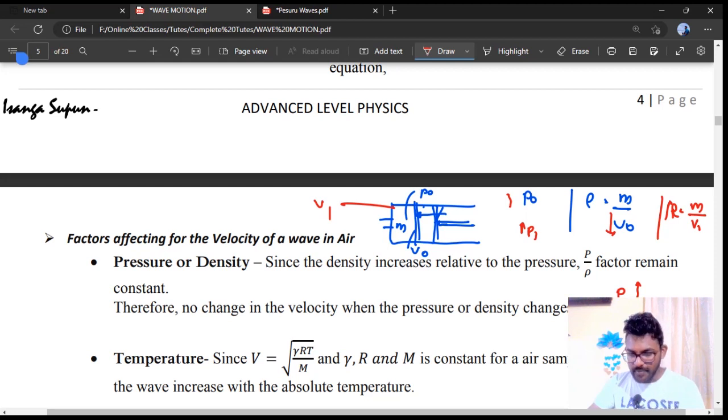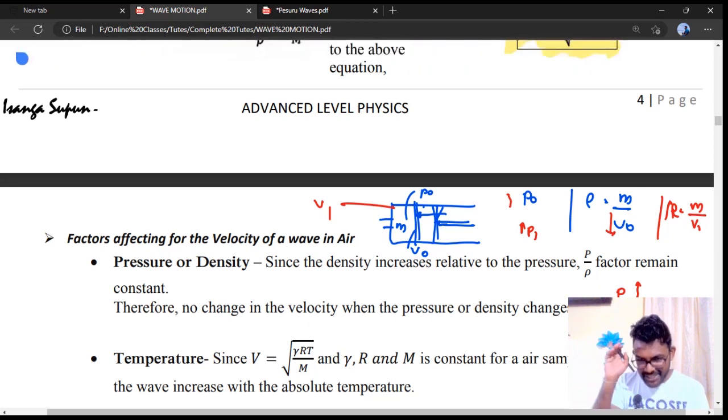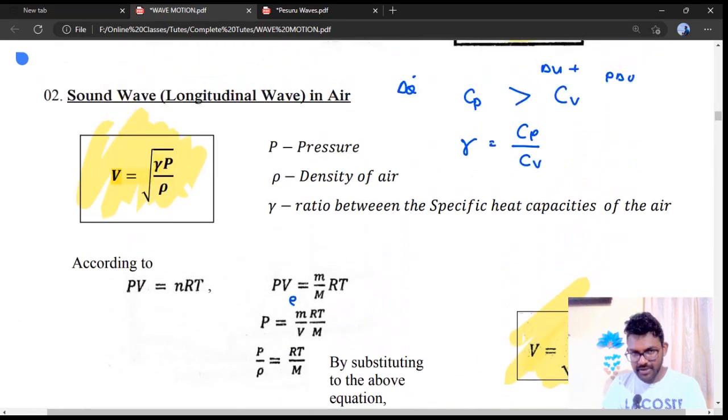So overall, the P over rho factor remains constant. So there's no change in the velocity when the pressure and density change, right? We can consider the current velocity of sound by taking the root of gamma times the current pressure over the density of the air sample.